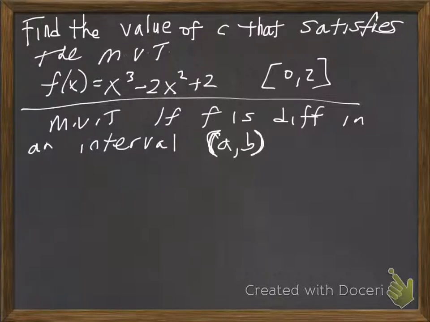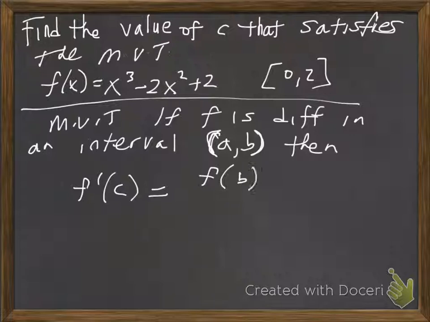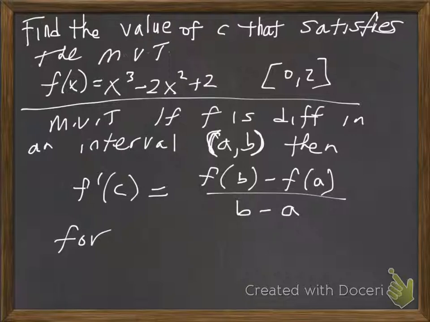If f is differentiable on an interval, then at some point c in the interval, the derivative at that point, or f prime of c, is equal to the average rate of change across the entire interval, which may seem like a lot of nonsense at the moment. So let me spell it out more clearly in just a moment.